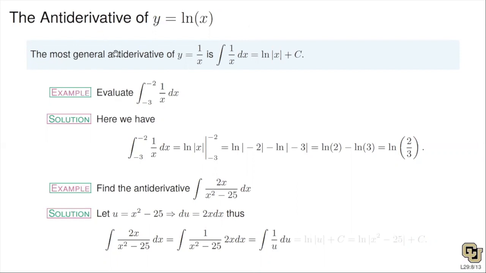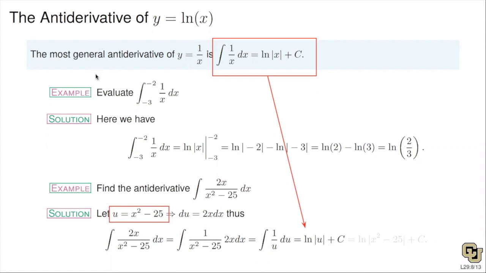And now that's exactly this pattern here. The antiderivative of 1 over blah d blah equals the natural log of the absolute value of blah. So here, the antiderivative of 1 over u du is the natural log of the absolute value of u plus c. Very last step, plug back in for u, because the original problem was in terms of x, so I want my answer in terms of x.